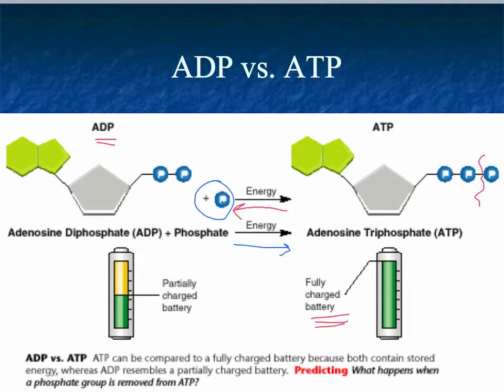So you might be asking yourself, oh, so are cells just full of ATP or its partner ADP? Well, not exactly. While ATP is often used for storage and the creation or release of energy, it's not necessarily the most efficient molecule for energy storage.